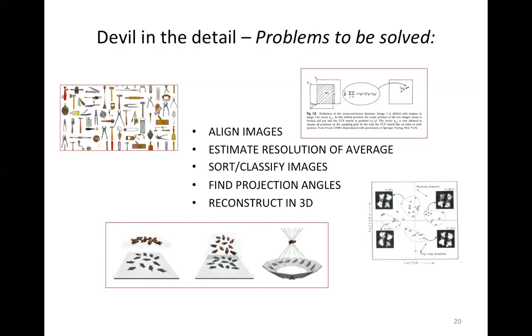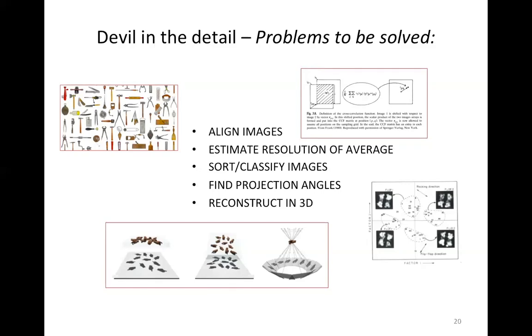The biggest problem was finding projection angles and how to reconstruct in 3 dimensions. How to find projection angles is of course the biggest problem, but then reconstructing in 3D is another problem because all the existing programs assumed regular geometries and not random ones.